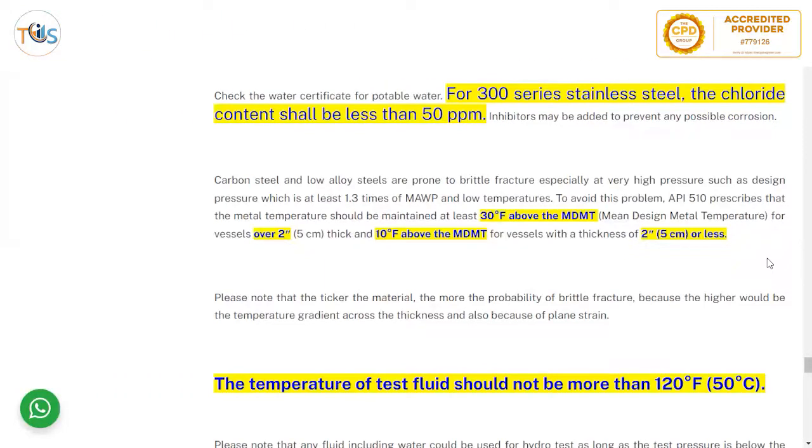But obviously, the thicker materials are more vulnerable to fracture because of plane strain. Please note that the thicker the material, the more the probability of brittle fracture, because the higher would be the temperature gradient across the thickness, and also because of plane strain.